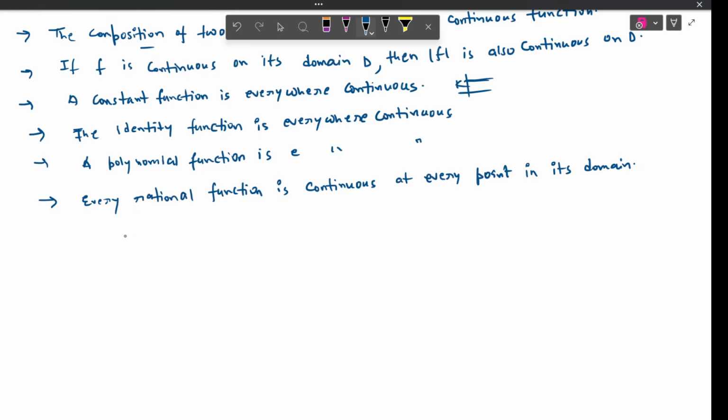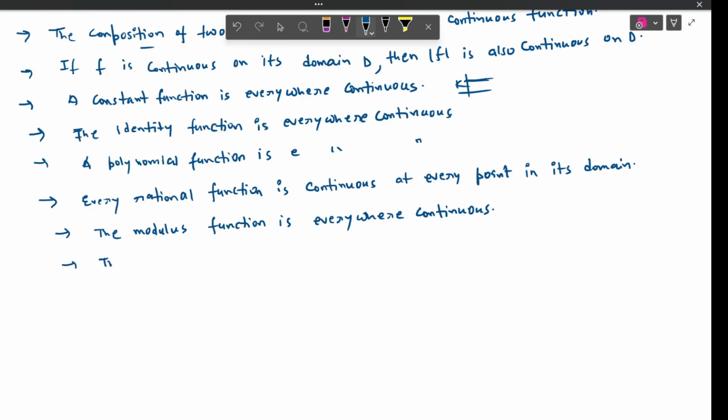Okay. Next point. The modulus function is everywhere continuous.